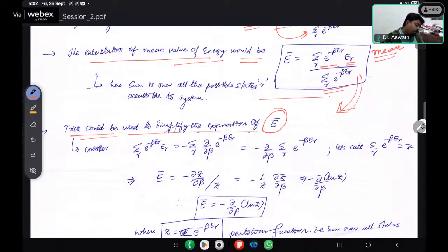What I will do now, consider this numerator. Which is equivalent to a derivative of the entire thing with respect to beta with a minus sign.